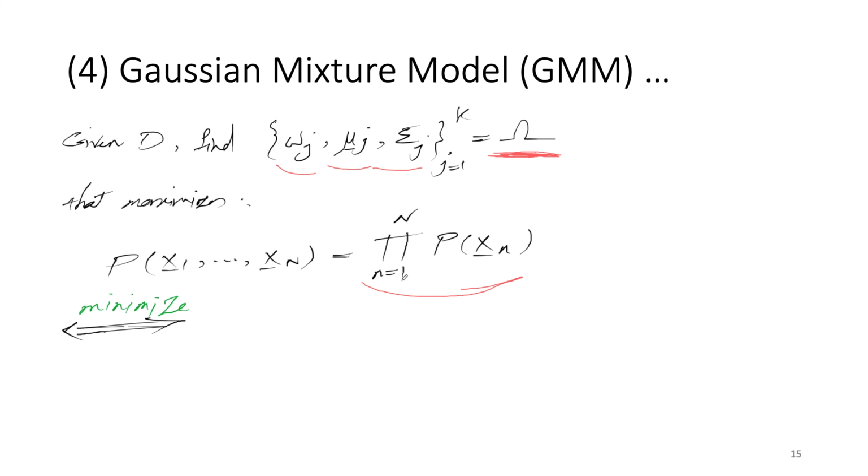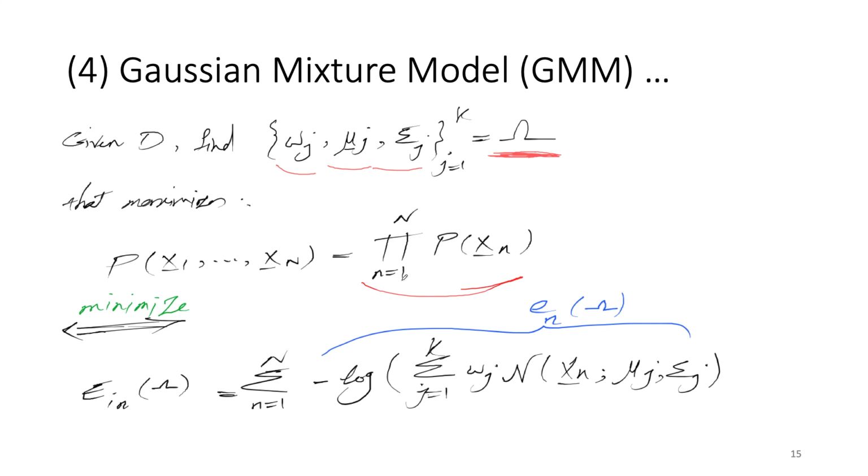Since we most likely want to minimize in our optimization problems, how are we going to turn this maximization into a minimization, right? This will give us the E in of omega, the in-sample error. So changing this to minus log of that is going to turn this maximization into a minimization problem.